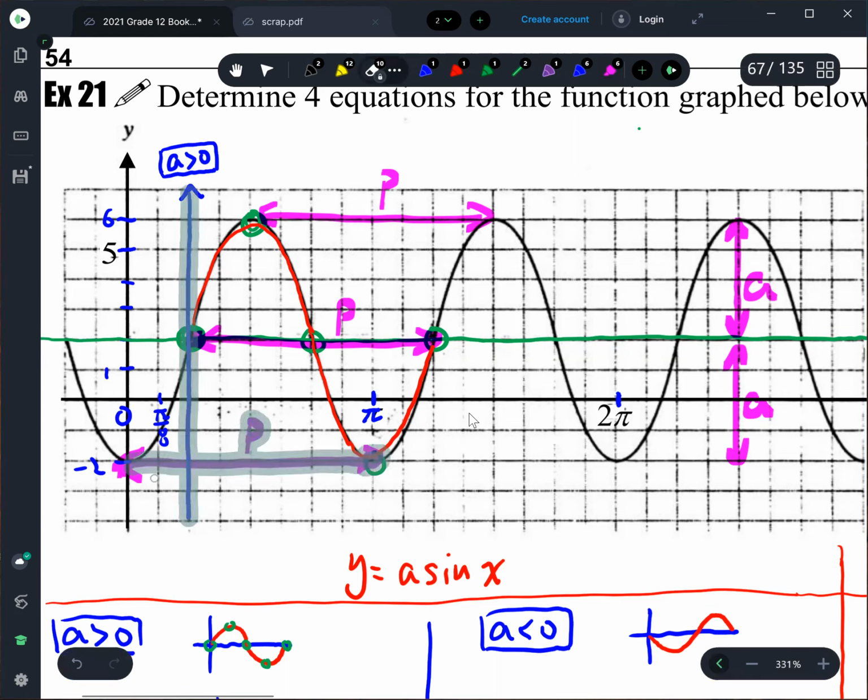Okay, so let's erase that. So in this case, we use this one.